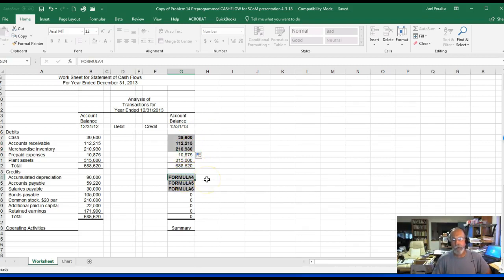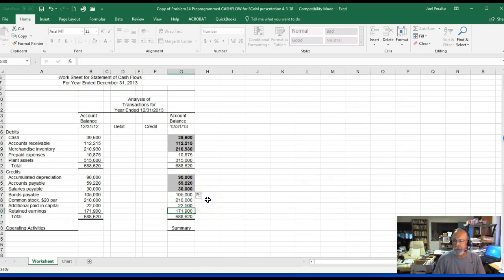And for the credit amount formulas, it's similar, except we're starting with a credit amount. And so we will subtract the debit amount and add the credit amount. And that'll give us the desired balance. And as you can see, the amounts below filled in automatically because those formulas are already in there.